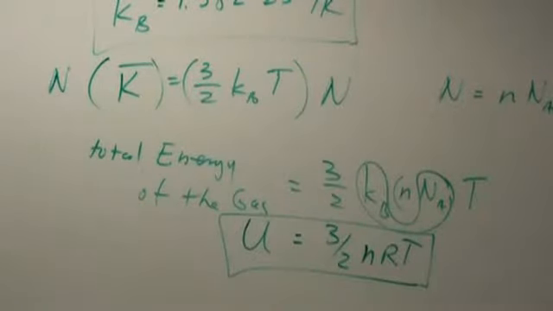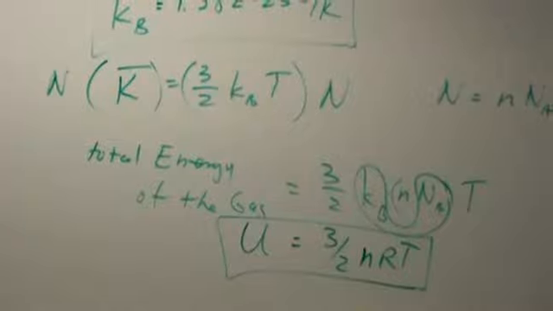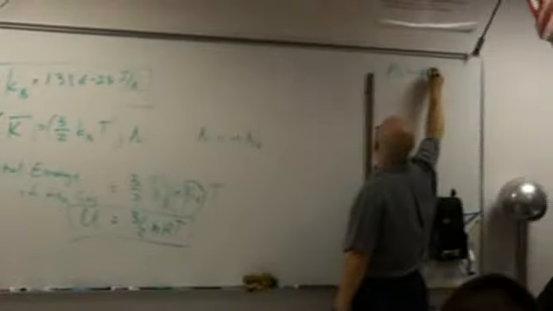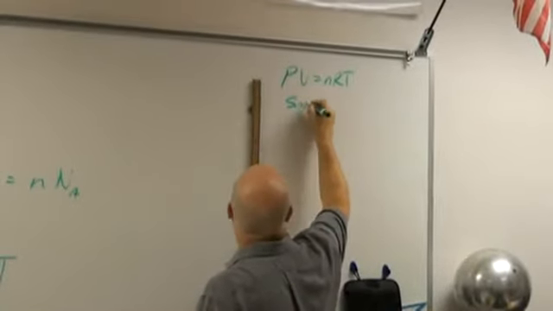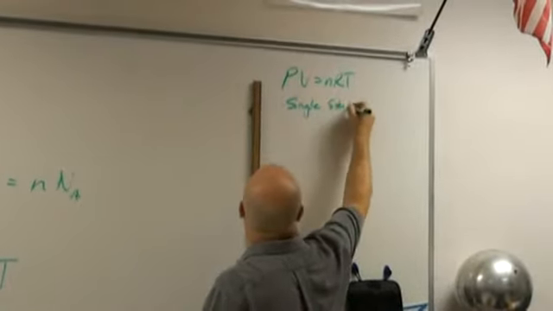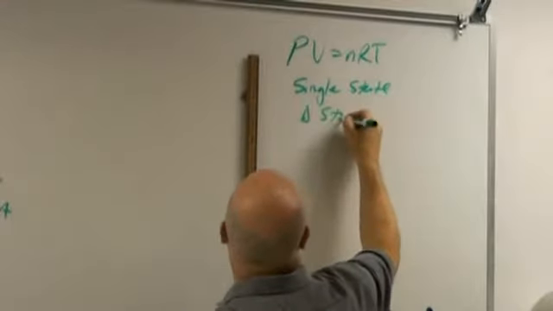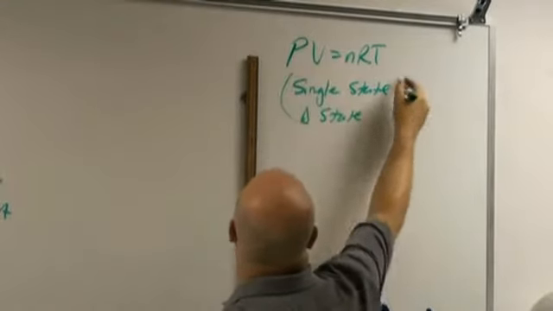Now that ends up going to be really important for us later. So what important equations have we learned from gas laws? PV equals nRT. And remember, we have two types of problems in gas laws: single state and change of state. One of those two types of problems.